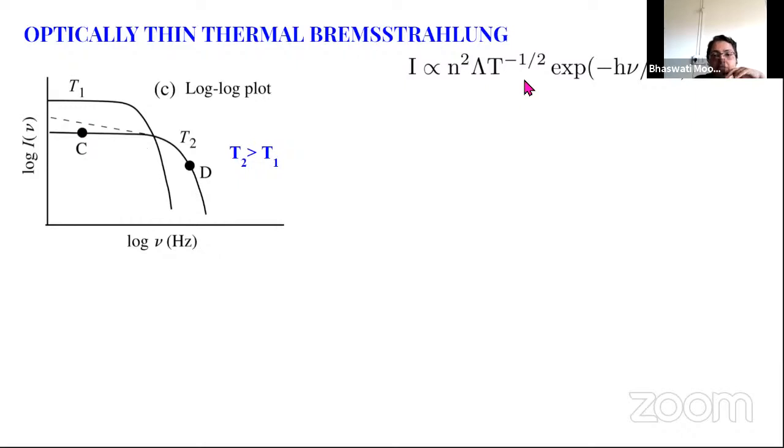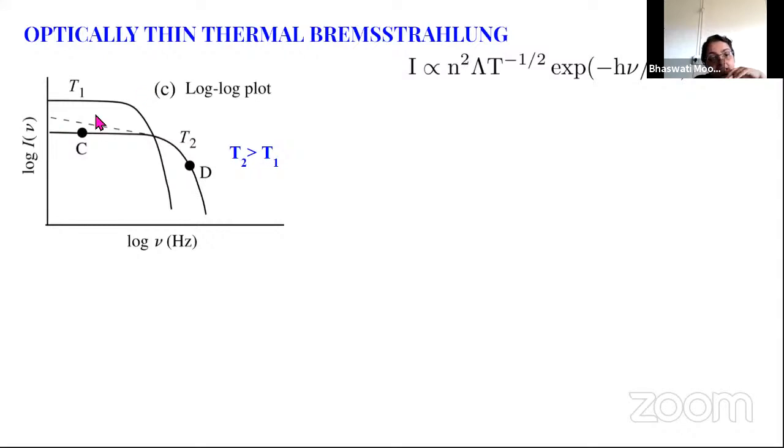For small values of frequency, the exponential term will be close to one, so the value of the function where ν is extremely small will be primarily determined by T. Going through the same length of plasma, the value where the curve touches the y-axis is determined by T to the power -1/2. So the larger the value of T, the smaller the intensity we'll see here.